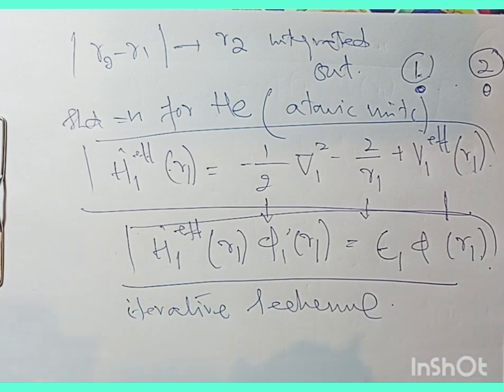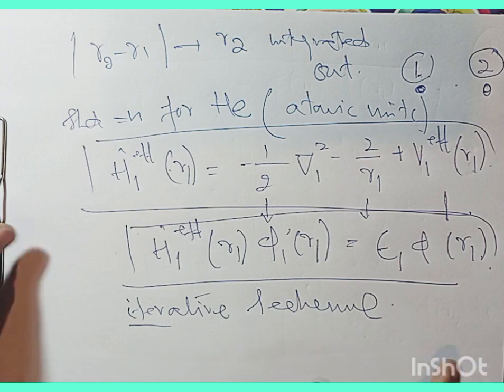So we guess something and then substitute. Once we guess and substitute, we calculate and finally iterate the procedure until the input and the output that we obtain are the same.